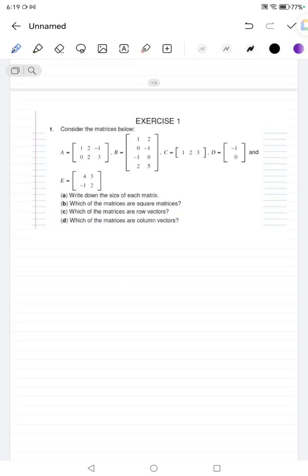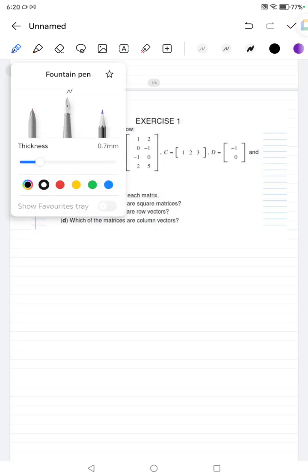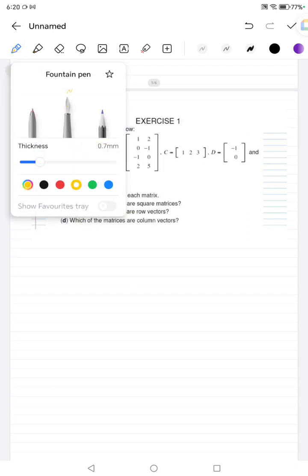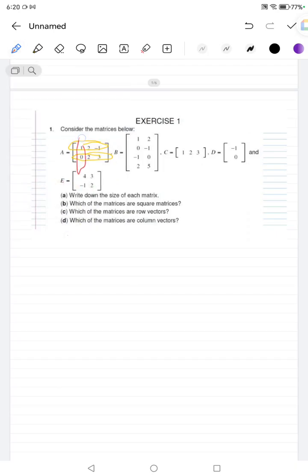As I was saying, every time we're determining the size of a matrix, we consider the rows by the columns. Typically it's your rows, then this would be what we call your columns. So on this side we have the columns, then this side we have the rows.